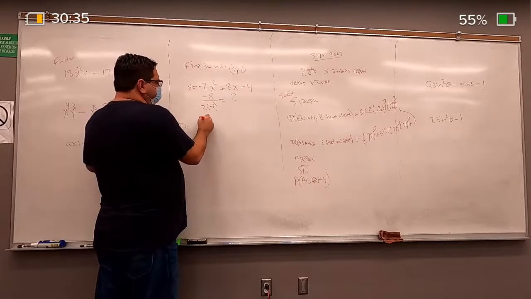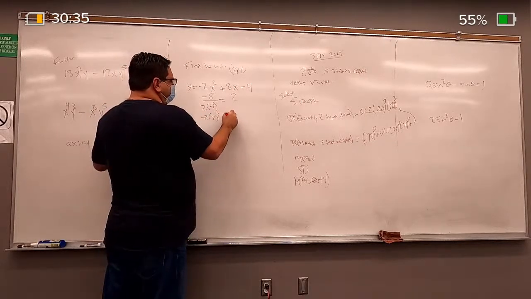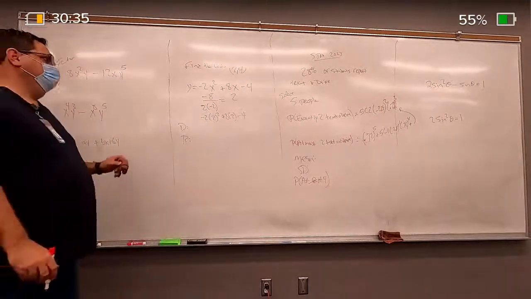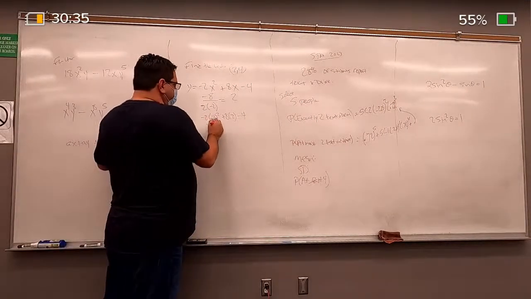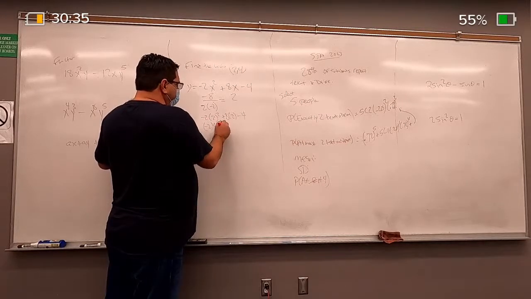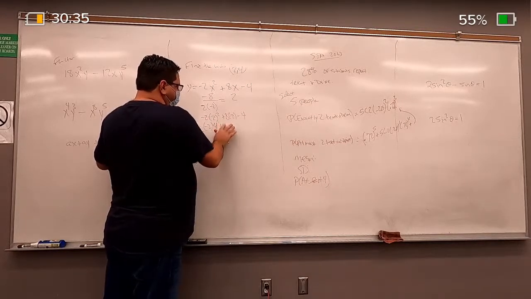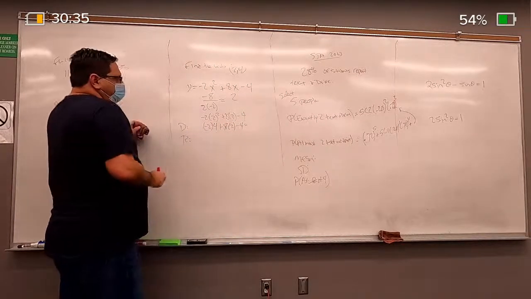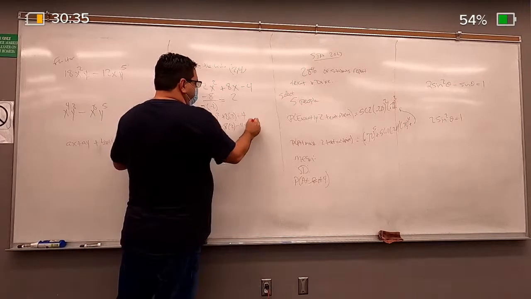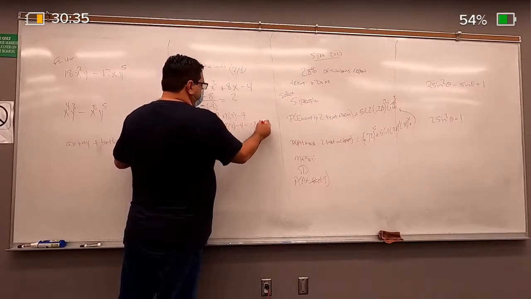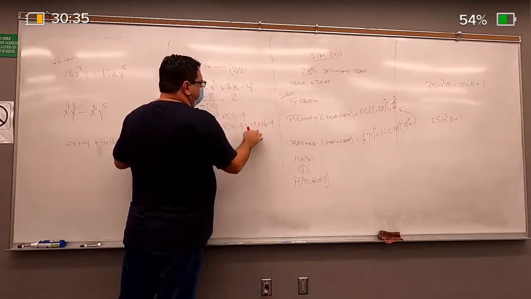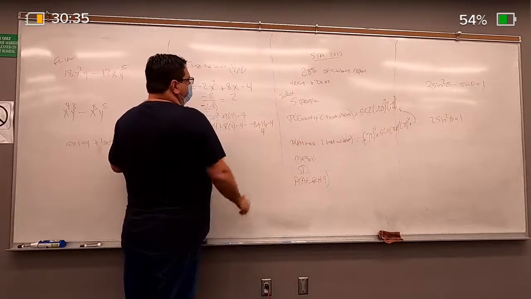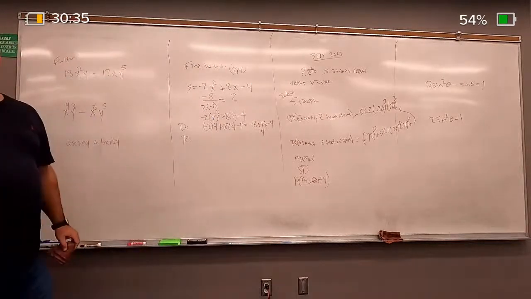Now you plug in 2, you get negative 2 times 2 squared plus 8 times 2 minus 4. 2 squared is 4 times negative 2. Negative 8 plus 16 minus 4. Negative 8 plus 16 is 8. Minus 4 is 4. Your vertex is 2, 4.